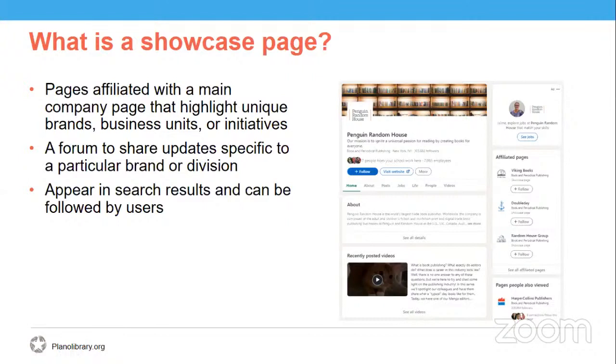Just like a company page, your showcase page includes basic page information, a custom button, and overview information, but you can also add featured commitments to this page, outlining your commitments, programs you offer in support of it, and additional resources. Unlike the main company page, you can't associate employees with your showcase pages. So if I'm Penguin Random House, I can have employees be members of Penguin Random House, but I can't have them be members of that affiliated page of Viking Books.